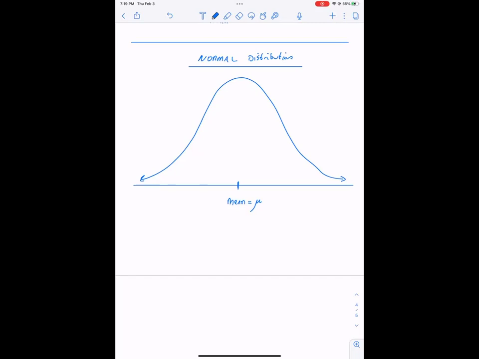Now, we saw last chapter that if I deal with the median, I care about the IQR. But if I deal with the mean, I want the standard deviation. The standard deviation is a measure of how spread out the data is from the mean. If the data points are very far from the mean, I will have a high standard deviation.